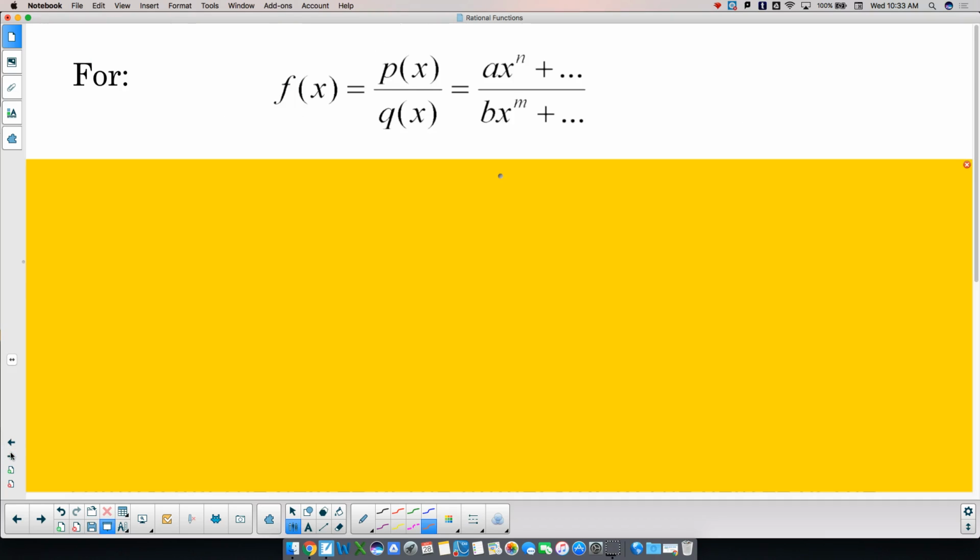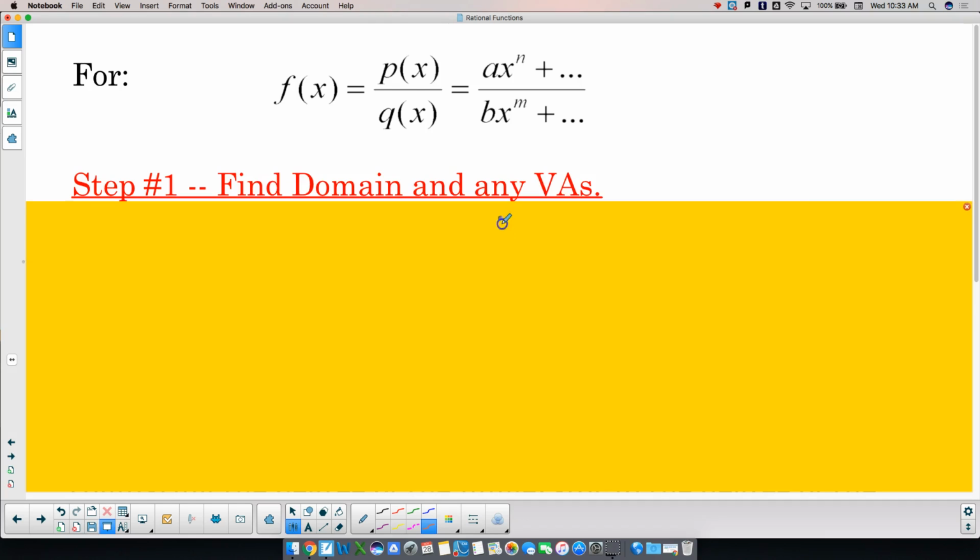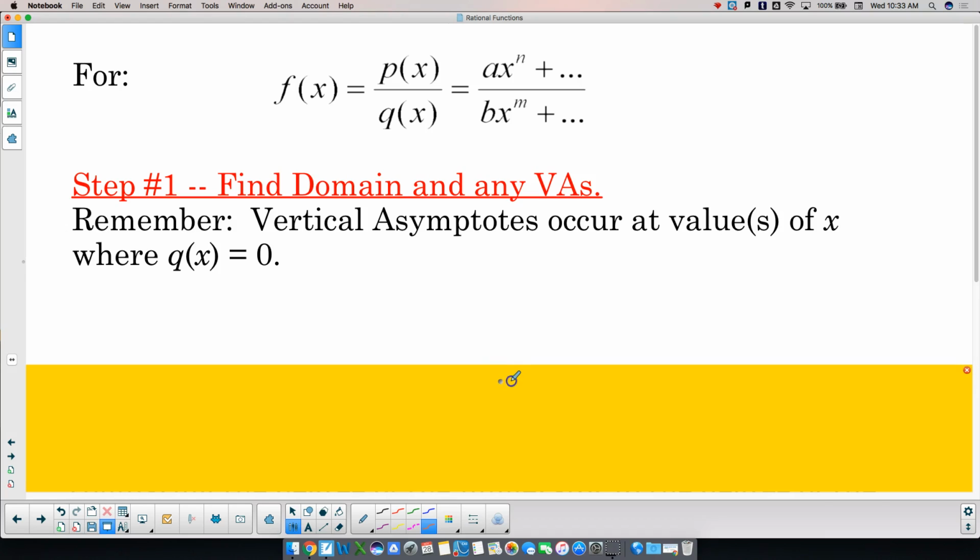All right, so get out that extra supplemental sheet that I had for you, because that's going to be helpful right now because we're going to add in another step. You should already have on there step number 1. Step number 1 said find the domain and any and all vertical asymptotes.